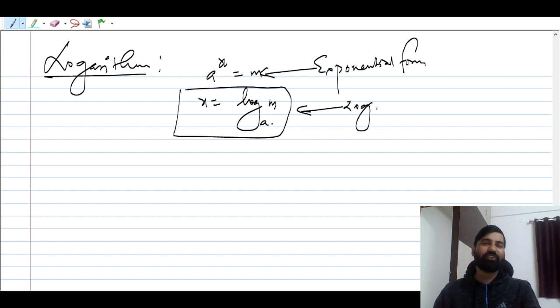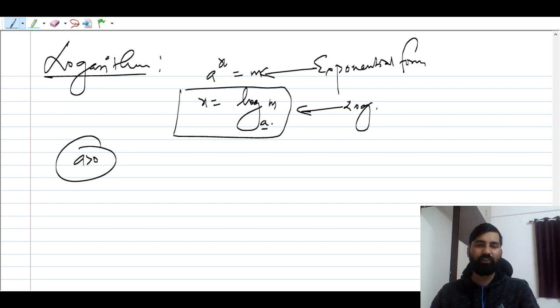You have to always remember that there is a condition also. This a must always be positive. a can never be negative. The base should never be negative in case of log, and m should also be greater than 0.